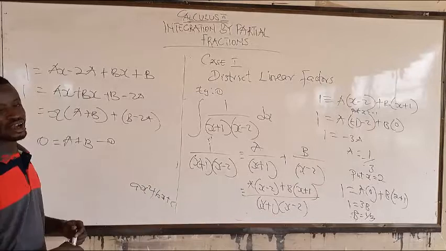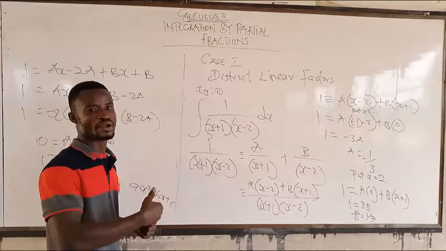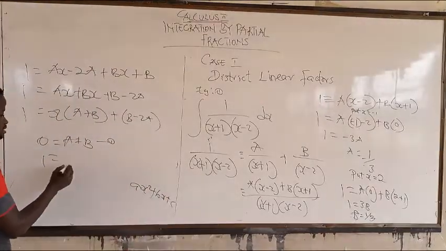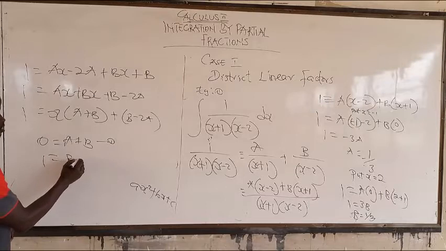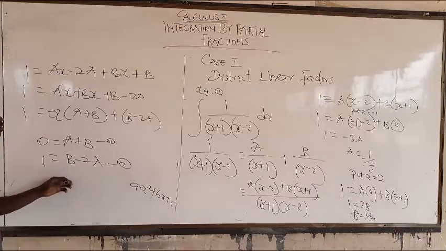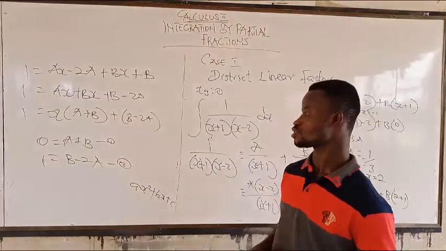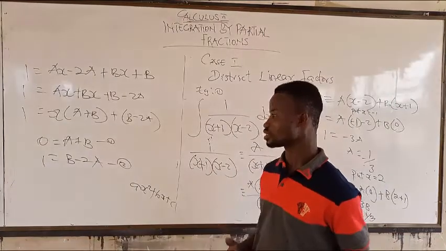So the constant on the left hand side is 1, which will be equal to the constant on the right hand side, which is B minus 2A. Equation 2. Then you solve the 2 equations simultaneously.